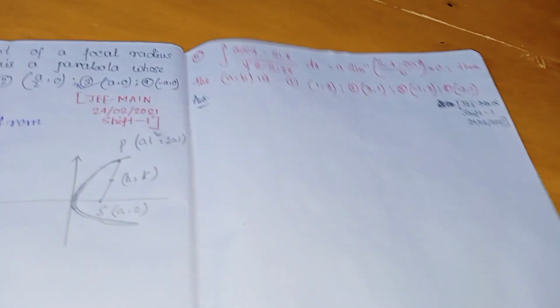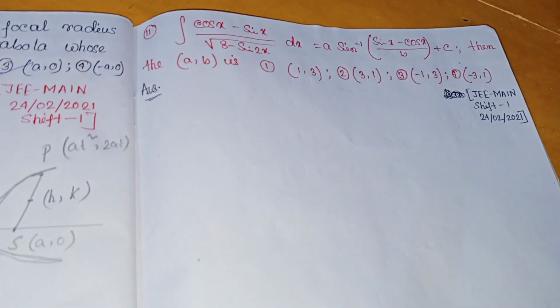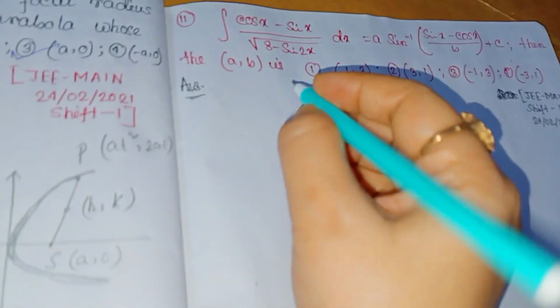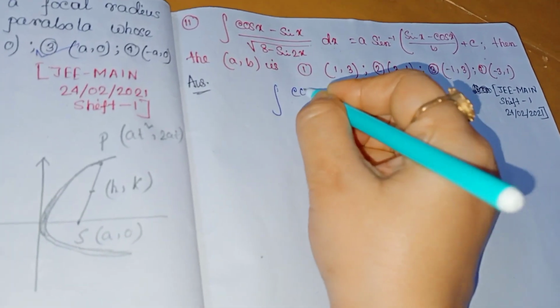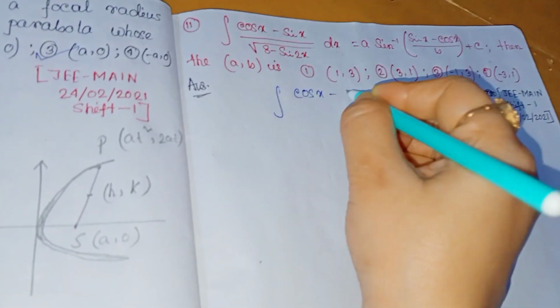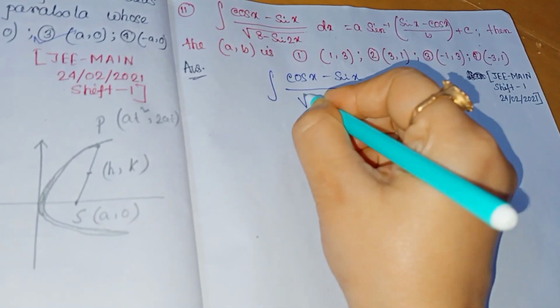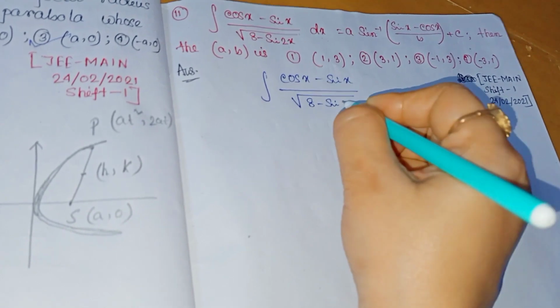This is a question in the house of integration. The given integration is the integral of cos x minus sin x divided by root over 8 minus sin 2x dx.